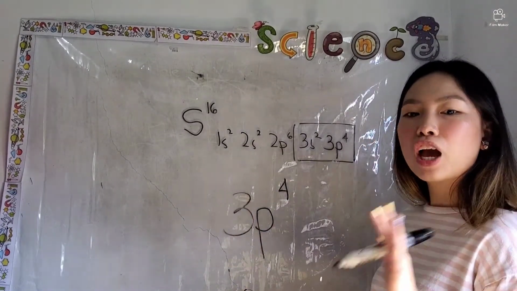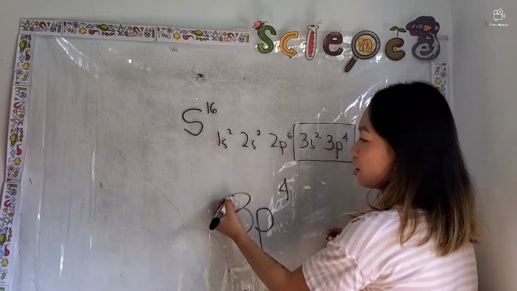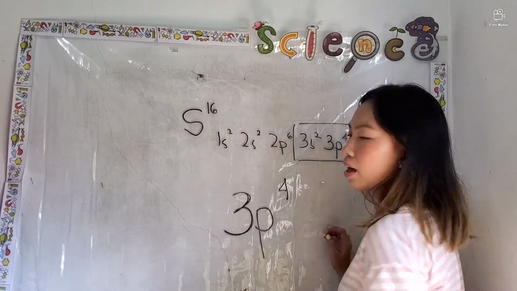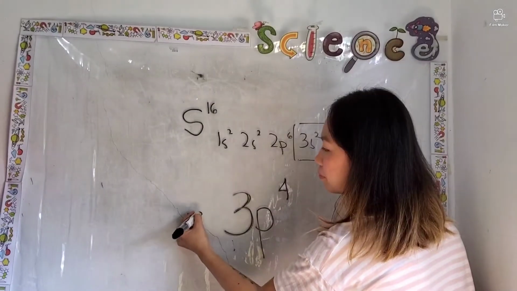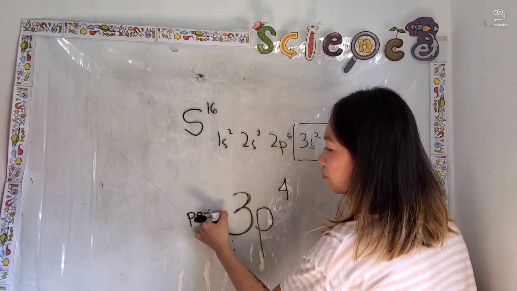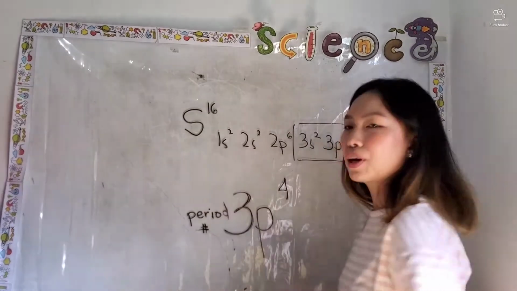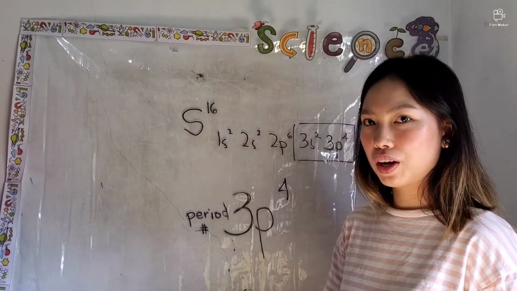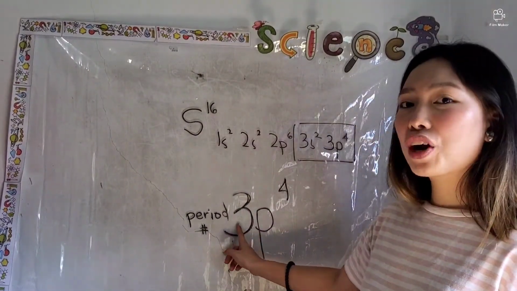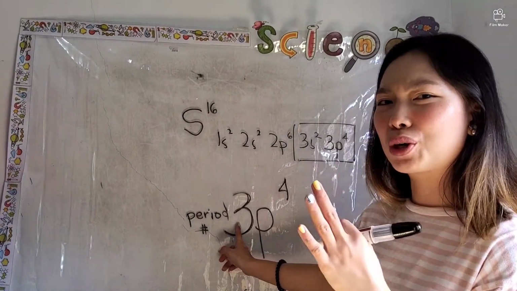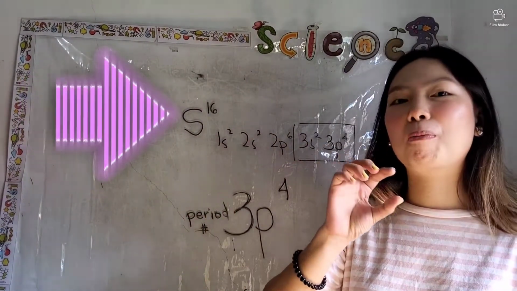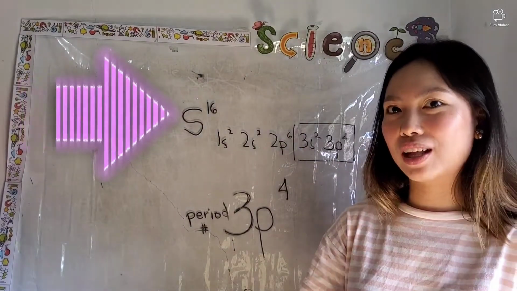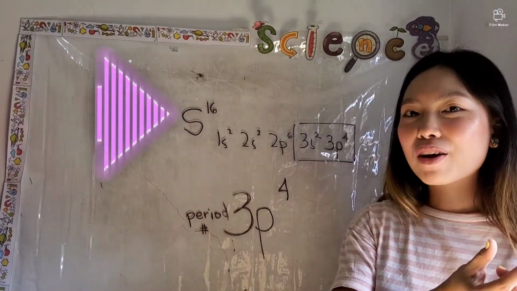3p4. Yung number natin dito na 3 is the period number. So, ibig sabihin, ang sulfur ay nasa ikatlong period. Ano nga ang period? Yung pahalang or pahiga or horizontal row, yung from left to right.